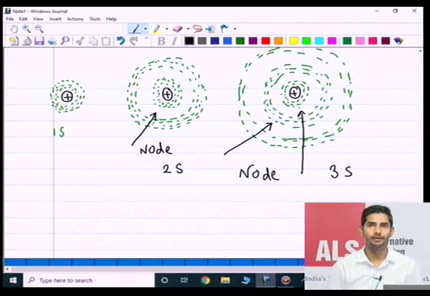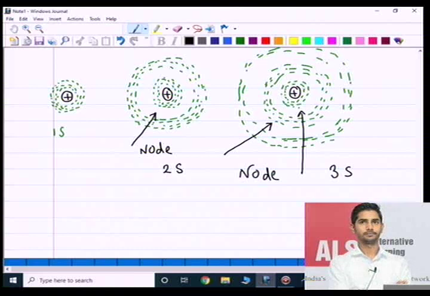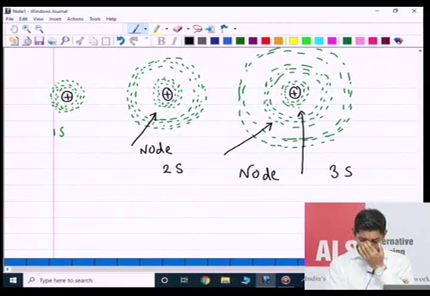Please copy. Any confusion or doubt regarding this? Is it clear to everybody? If anyone has a doubt, you can ask me.